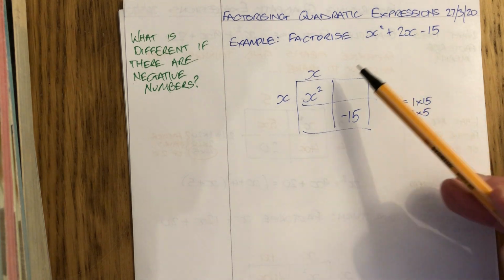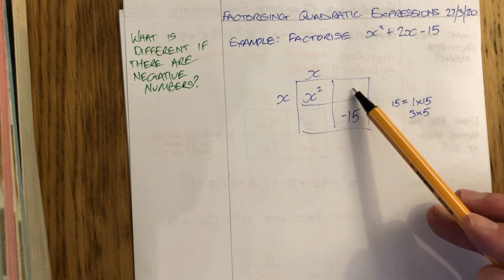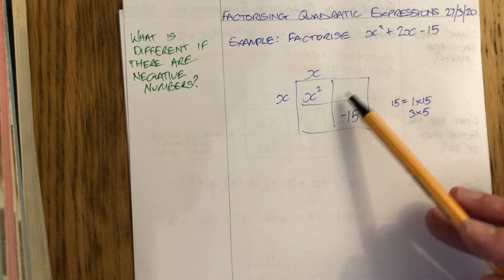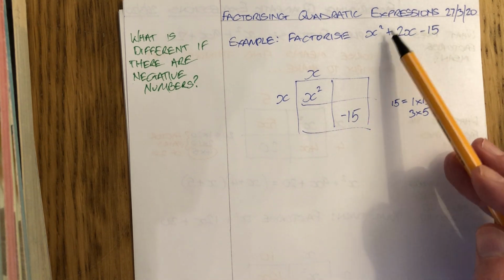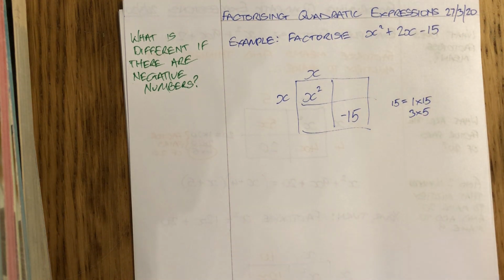Okay. Now they'll also multiply by x here and by x here. So we'll have some amount of x here that's going to add up to make 2x. So some amount of x plus some negative amount of x adds together to make 2x.